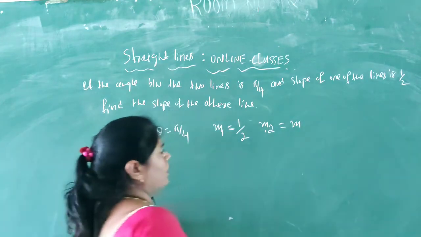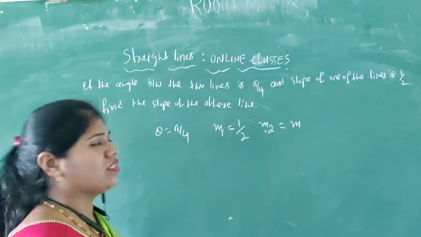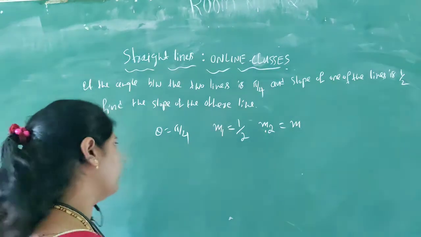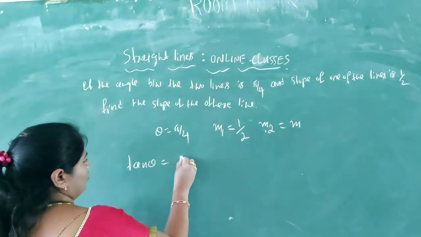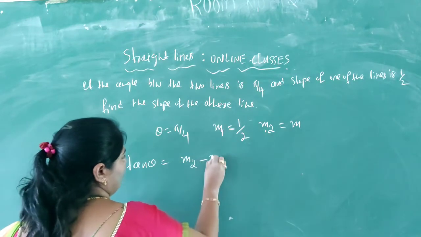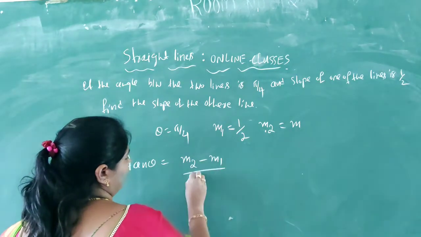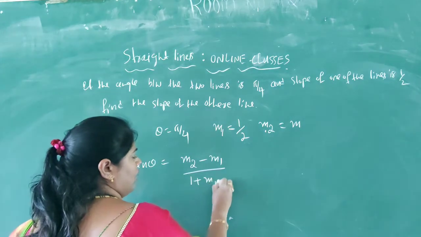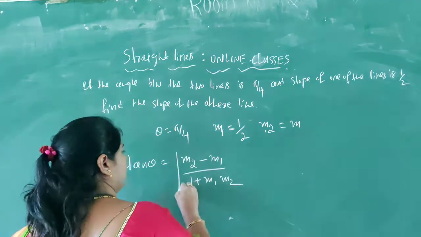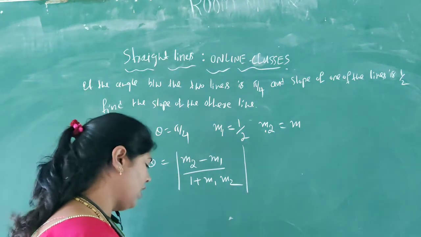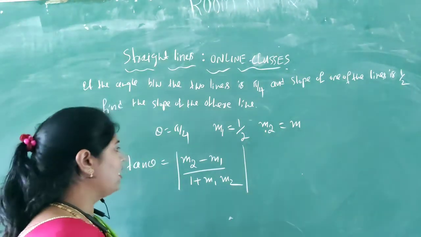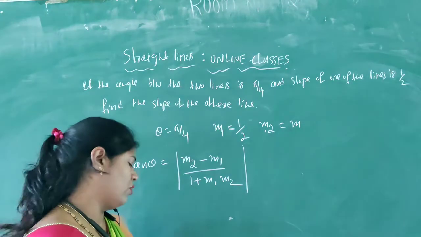Okay. You know the formula, if theta is the acute angle between the two lines, then tan theta is equal to m2 minus m1 divided by 1 plus m1 m2. That is if theta is the acute angle between the two lines m1 and m2.